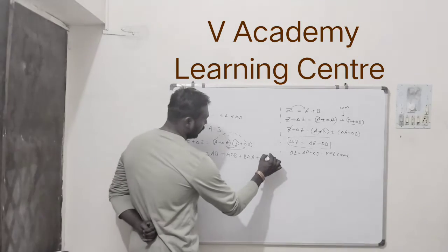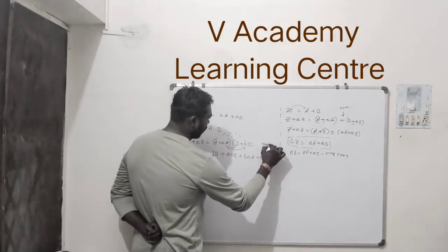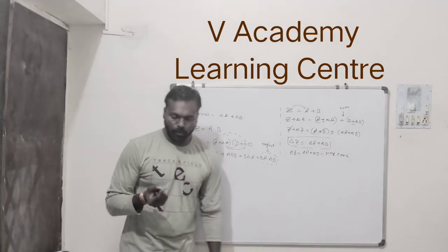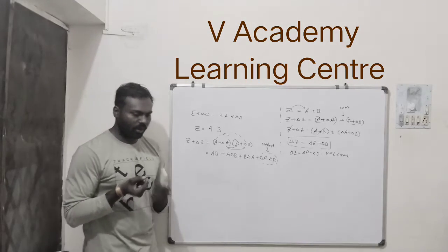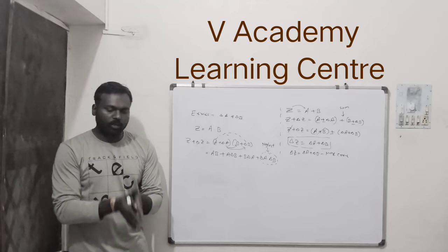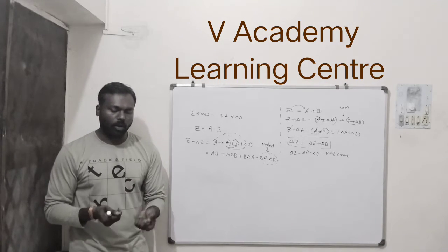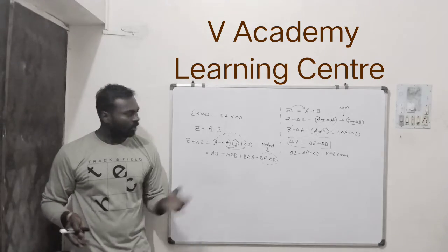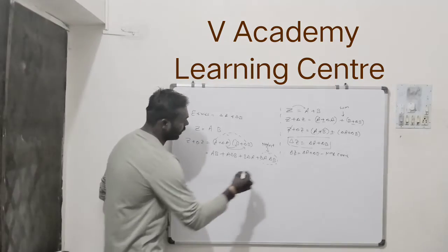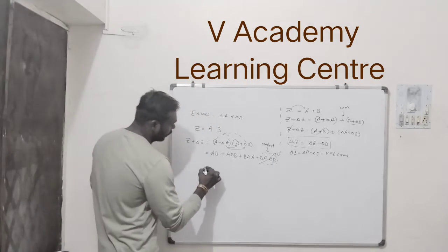In this one, we can neglect this term. See, the errors themselves are small, very small in terms of the decimal point. Both errors are very small, so if the product happens, the product is also very small. For example, 0.1 into 0.1, or 0.1 into 0.2, the answer is 0.02. These are very small, so we neglect this. After neglecting, what do we get?